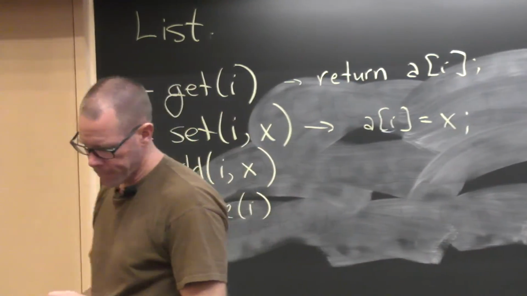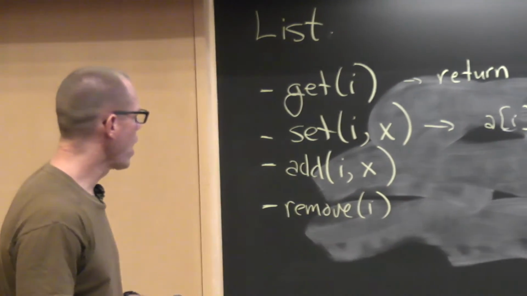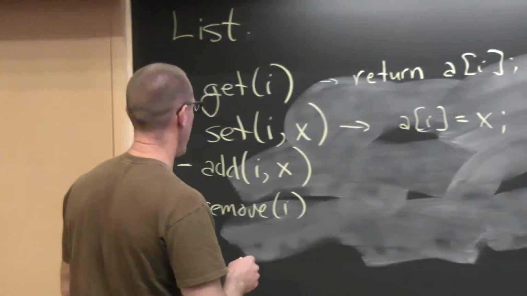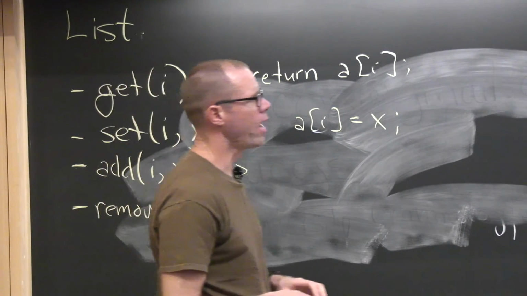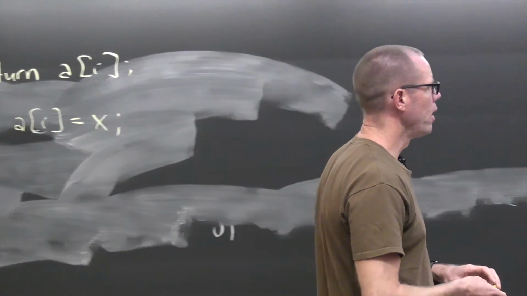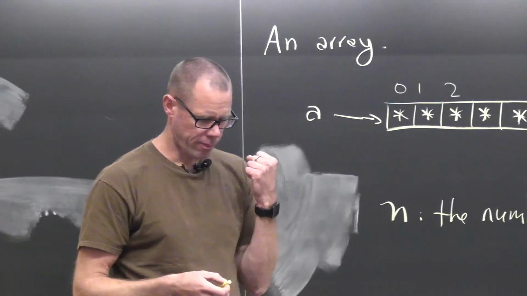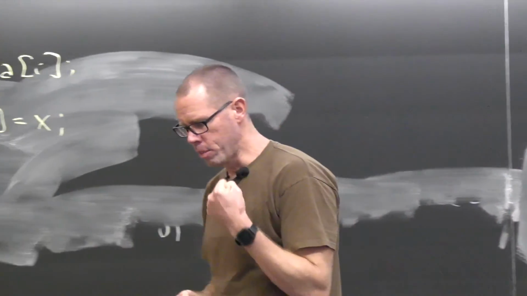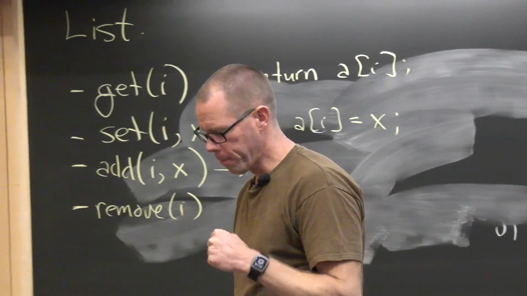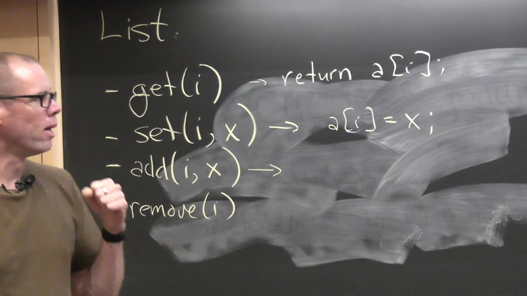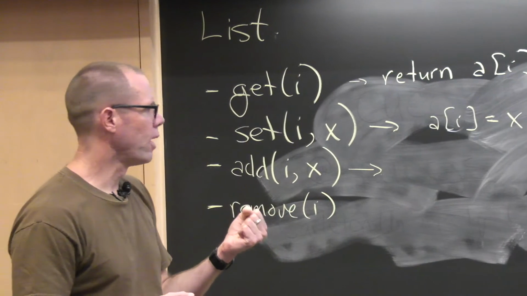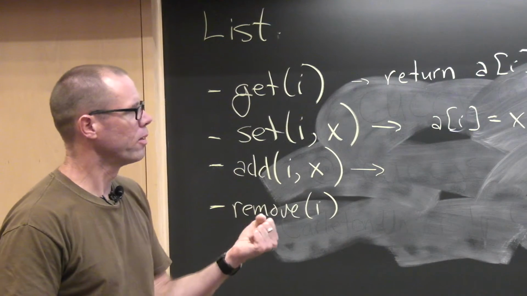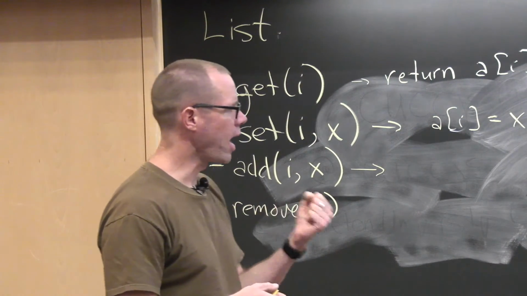How about this add operation? So what's this add operation supposed to do? If I add an element to the list at position I, it is supposed to, well, it's like setting that element to this new thing that I'm adding, x.